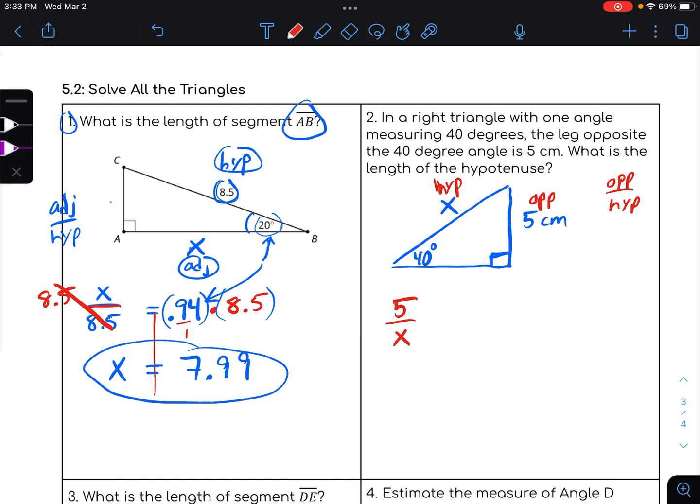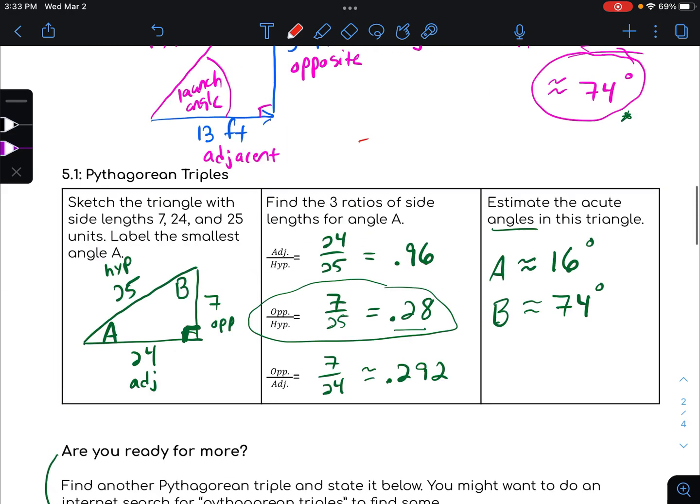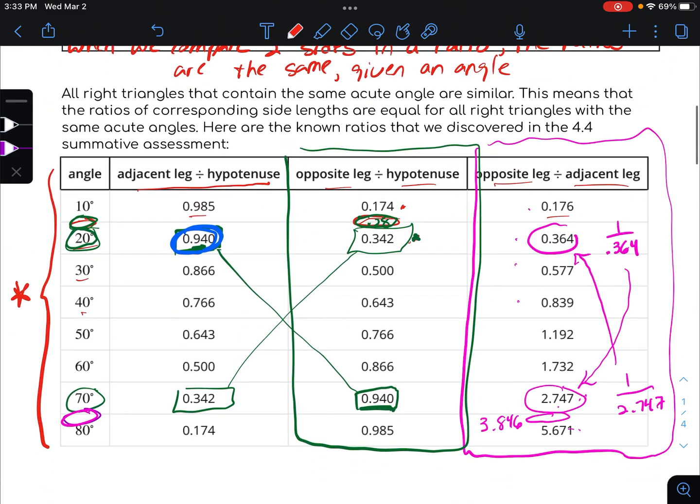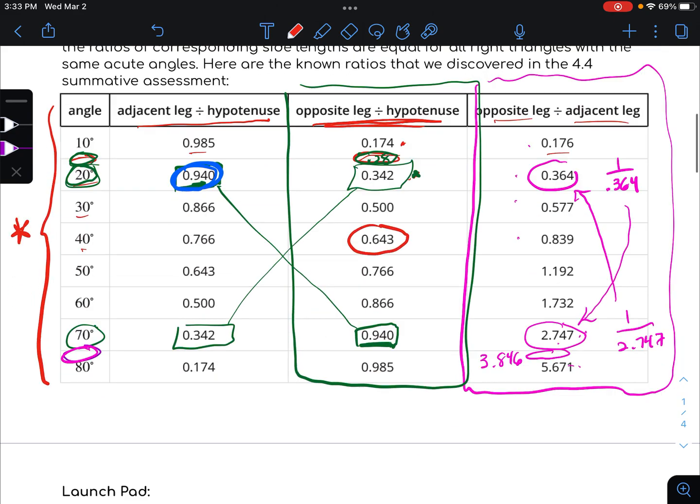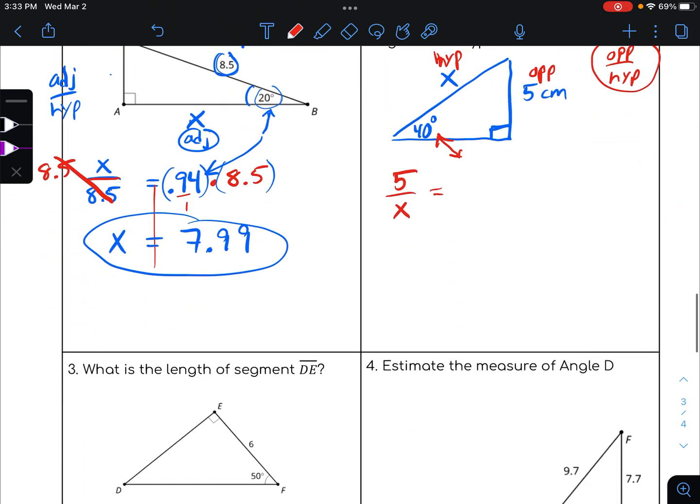And then we're referring to that ratio for a 40-degree angle. So let's look back at our chart. Opposite divided by hypotenuse, which is this right here, for a 40-degree angle, is 0.643. So 5 divided by x is 0.643.